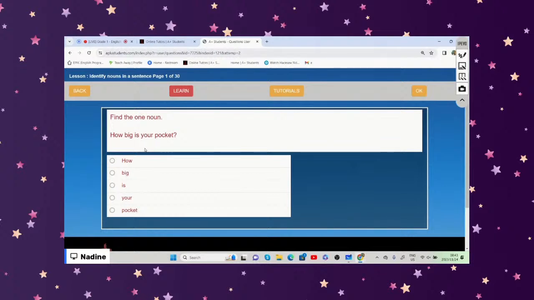How big is your pocket? And if we identify the noun, we can maybe say it's your pocket, right?